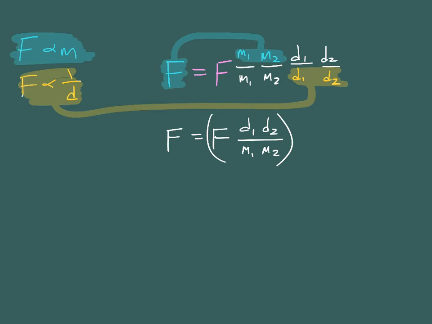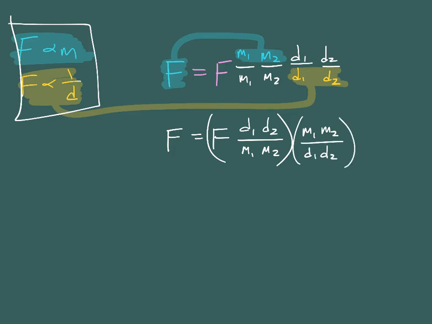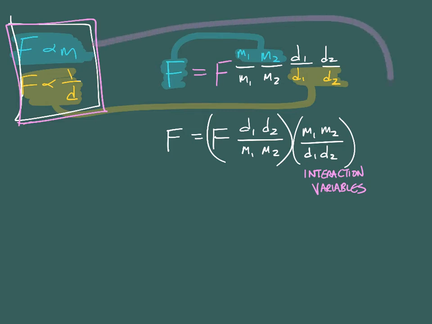Okay, they're not following the proportionality template here that we got from experiment. And so mass 1, mass 2, and distance 1, distance 2 make it over there. So here we have, these are the interaction variables, that are connecting to the proportionalities.